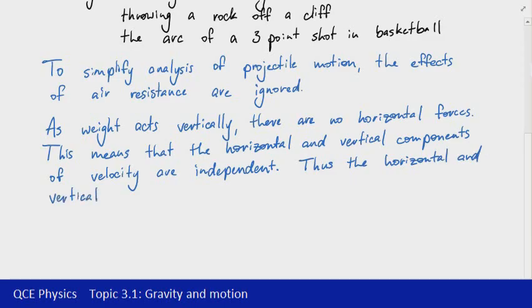So we can apply equations of motion only in the vertical direction, and the same can be done for the horizontal direction as well. And so we'll have a look at that now in terms of the equations, and we'll develop some equations that are in the data booklet.